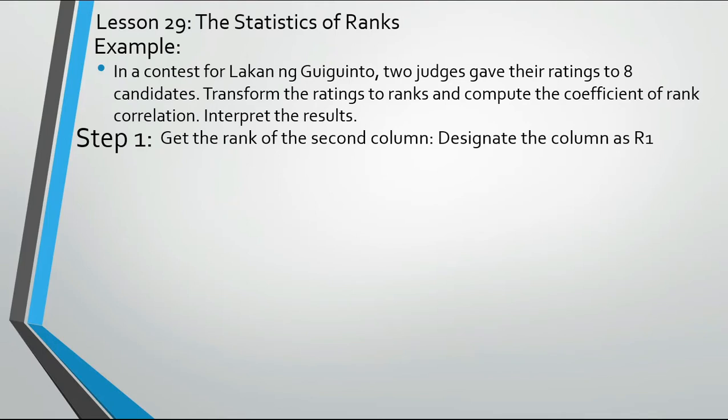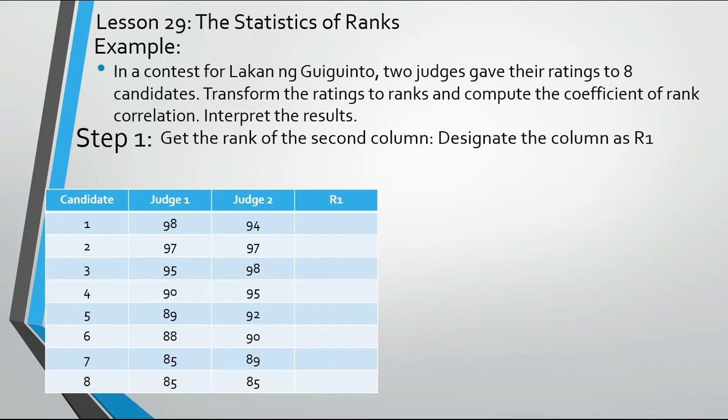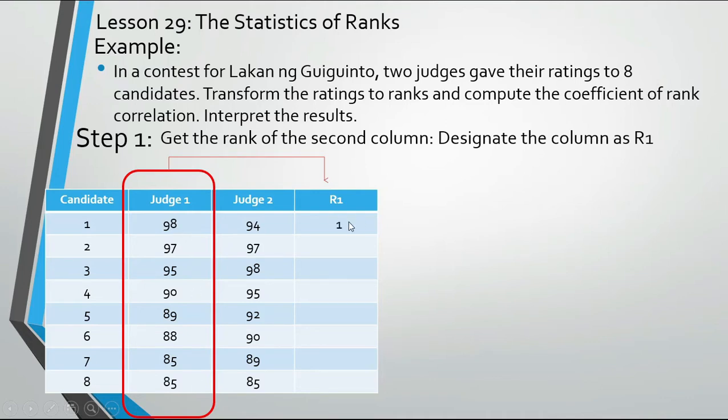Unang step, get the rank of the first column designated by R1. First column, so, Judge 1, irarank natin mula sa pinakamataas. Gagawa tayo ng column dito, R1. So, asa ng pinakamataas dito? 98. So, yung 98, siya ang rank 1.